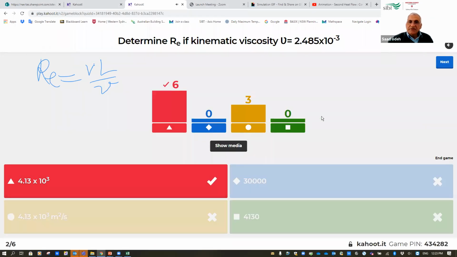Yeah, correct. So that's the Reynolds number. We said it's the kinematic viscosity, either you get it from tables or it is given in the question. So this is already given in the question. You multiply the velocity by the length of the plate, L, and divide by the kinematic viscosity, to find Re.